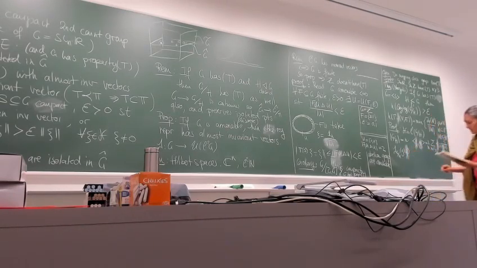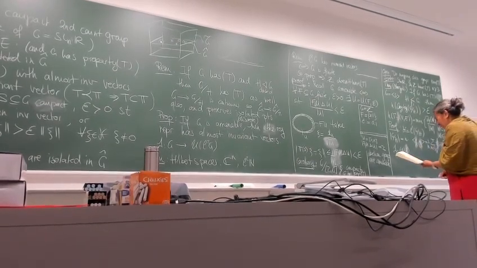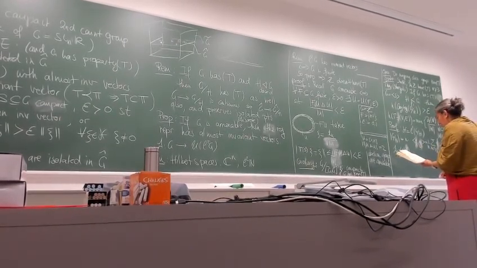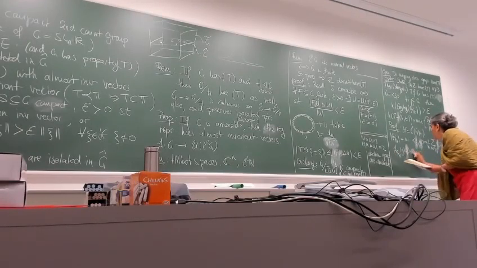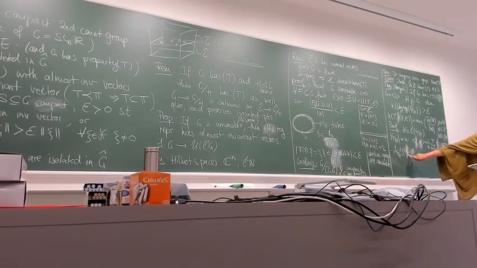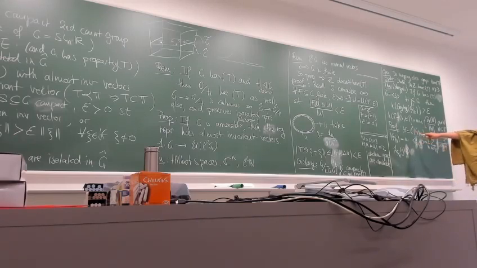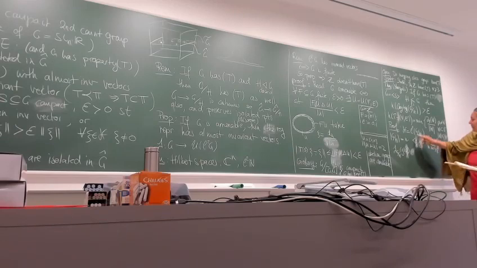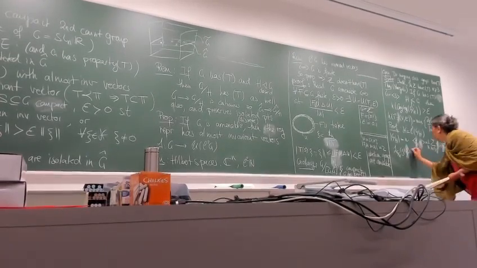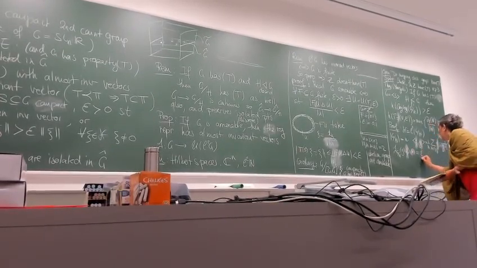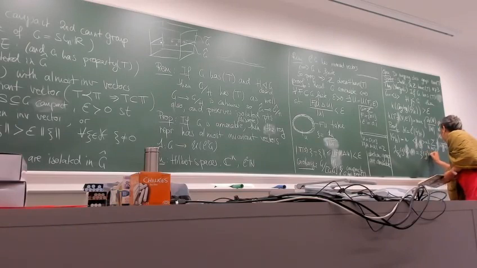That's the problem with using several references. All right, so this guy is in L2 of G mod H, so really it's a finite vector. Because L2 of G mod H is finite, it's just a function that assigns to each coset a complex number. And so this is going to be psi of g inverse x.